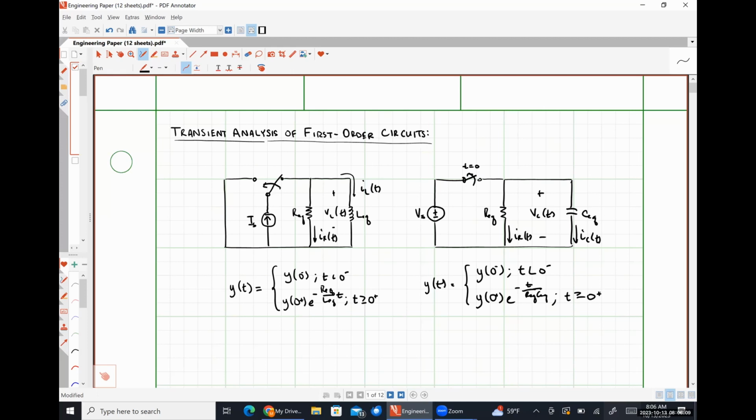So, what's the difference between these two equations? The thing that is being multiplied by t in the exponential function. Absolutely right. Other than that, these equations are literally identical. So it really doesn't matter whether we have a first order circuit containing a resistance and an inductance, or a first order circuit containing a resistance and a capacitance. They behave in exactly the same way.